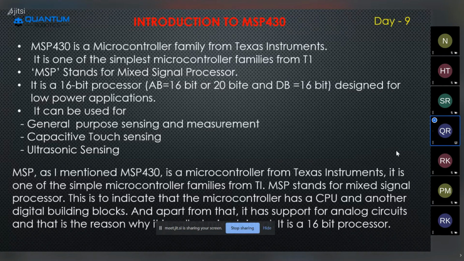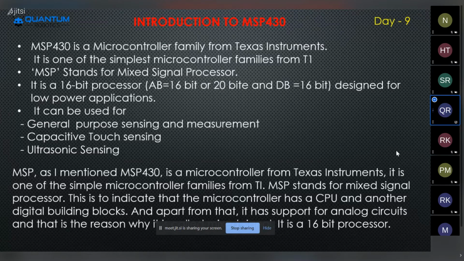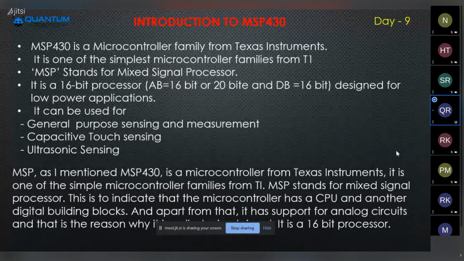The MSP430 is the basic command mode for a particular device. It is a 16-bit processor. Yesterday you studied bits and bytes, the 16-bit and 32-bit. Here the AB is 16-bit or 20-bit, and the DB is 16-bit.